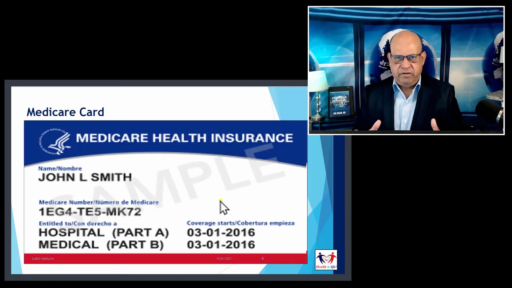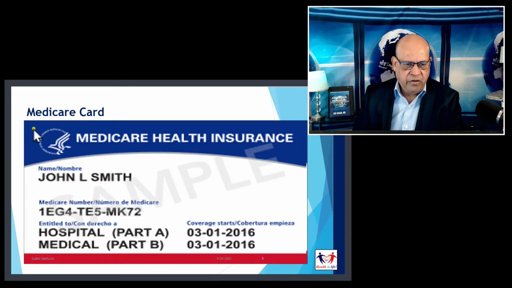If you're close to 65 and you're eligible for Medicare, you enroll in Medicare Part A and Part B. You get a card like this called the Medicare card, which will have your name. You have a member ID, and it will say whether you have hospital Part A, which most people will have, and medical, which is Part B. Hospital part is the one that pays for the hospital services.